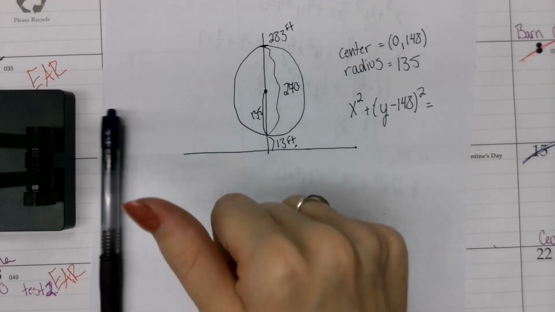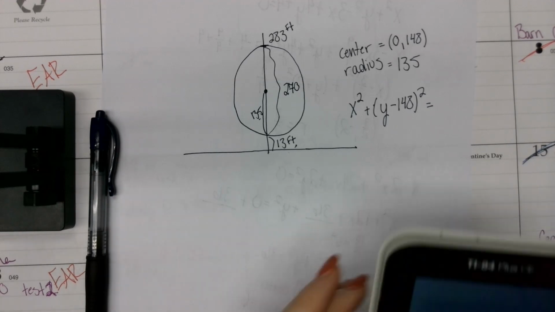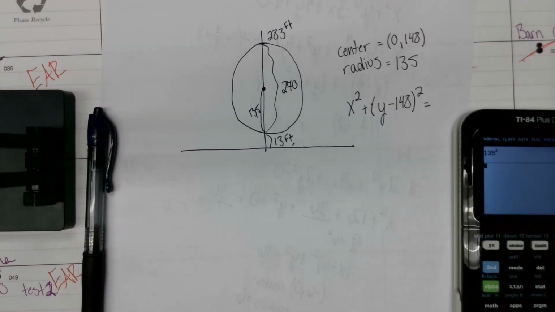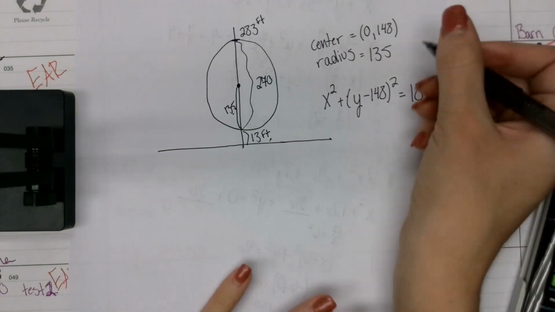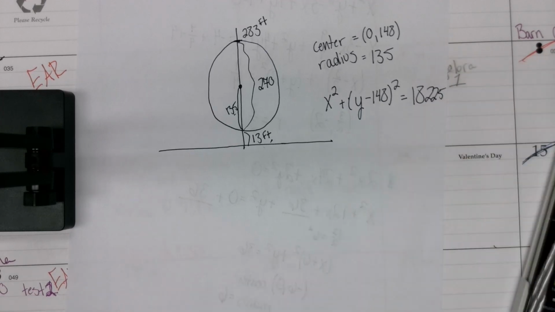I need a calculator. So 18,225. And that would be what you type in there.